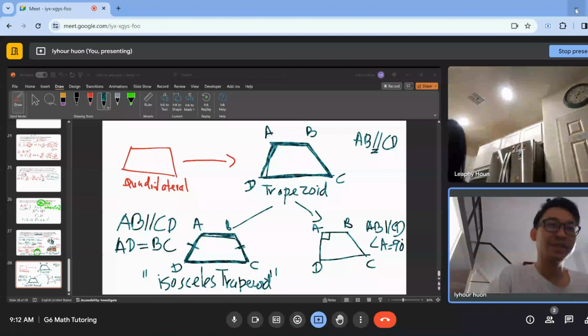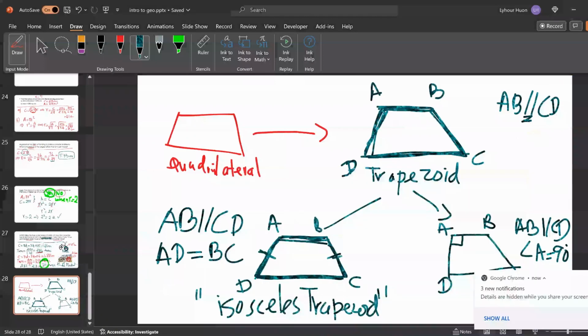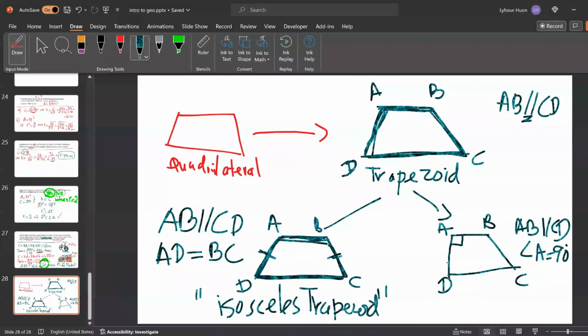Isn't it like an isosceles right triangle? Or, okay. So for this, wait, no, it's not. Sorry. Never mind. Two sides are not equal, but one angle is a right angle. When it's 90 degrees, it's called a right angle, right? Yeah.